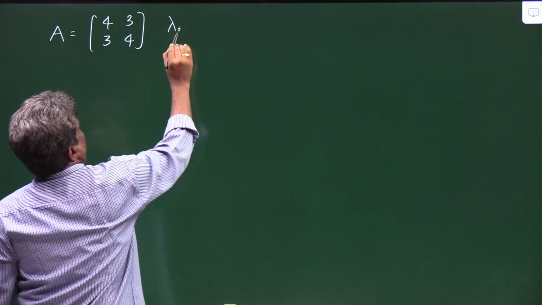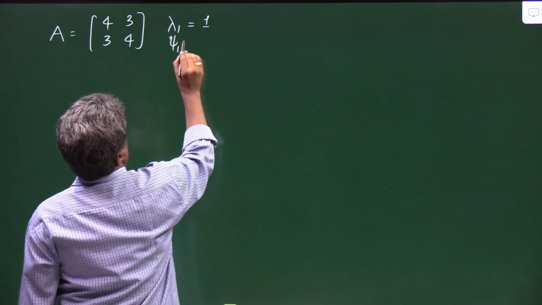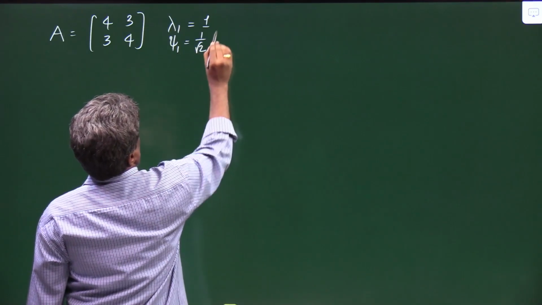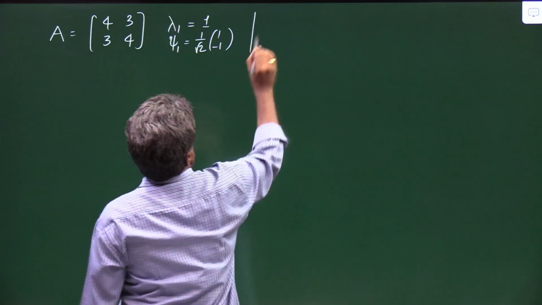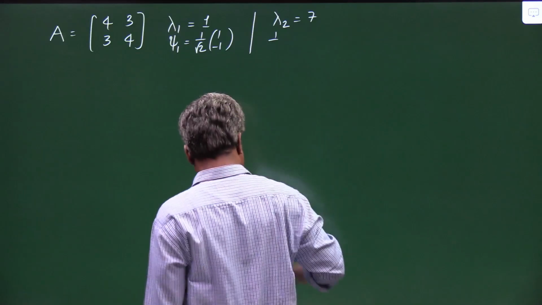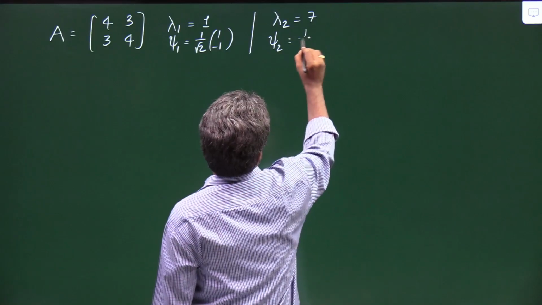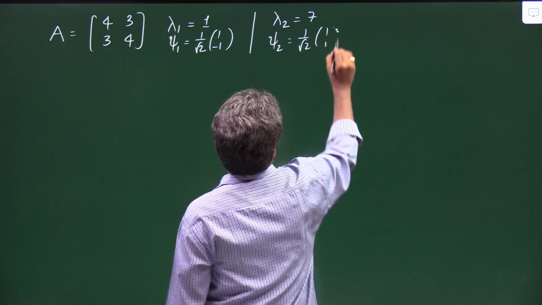I got lambda 1 equal to 1, and corresponding to this psi 1 equal to 1 over root 2 times 1 minus 1, and the next lambda 2 equal to 7, and I got the wave function psi 2 equal to 1 over root 2 times 1 1.